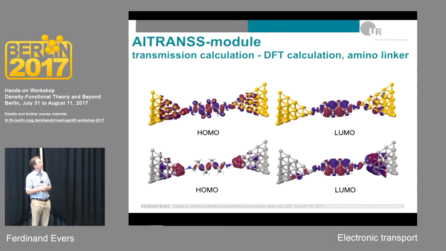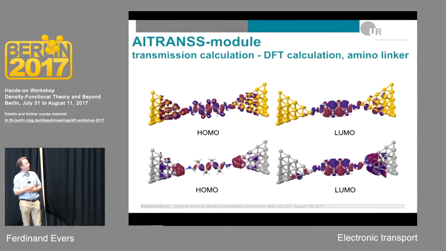Yeah, so this is what we get out of these calculations, or what you also would get. If you just would do the DFT proper, you find molecular states. This would be the HOMO, for instance, for the amino linker in the presence of gold contacts. This is the LUMO, and this is the same now with silver contacts.